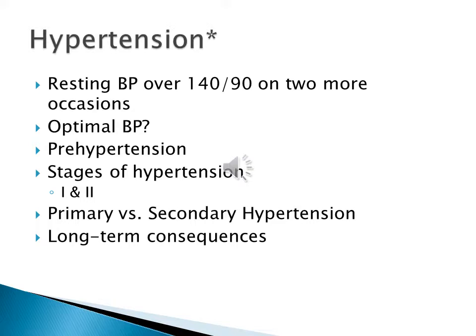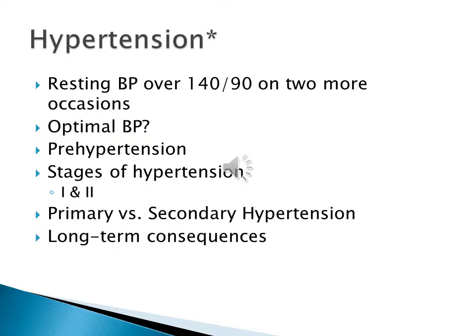Hypertension. Hypertension is high blood pressure, and usually the way this gets diagnosed is when an individual has a resting blood pressure over 140/90, so 140 systolic, 90 diastolic, on 2 or more occasions. So what's optimal blood pressure? We always say 120/80.